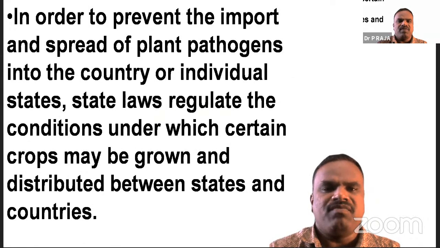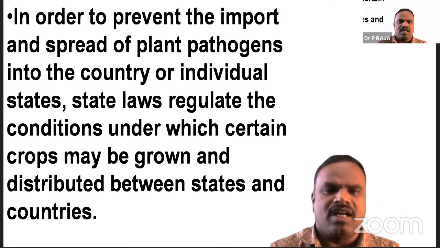And in order to prevent the import and spread of the plant pathogen into the country, individual states and the state law regulate the conditions under which certain crops may be grown and distributed between states and countries.